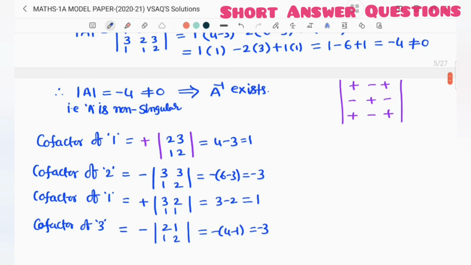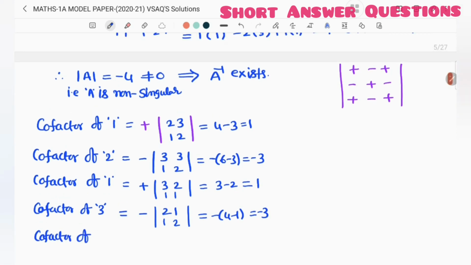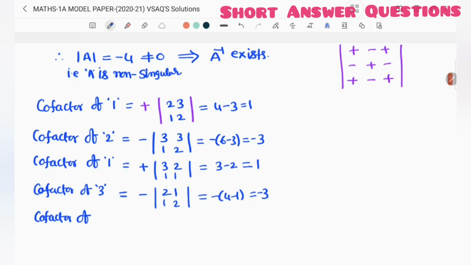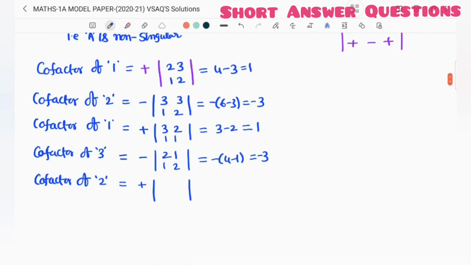Next, the cofactor of 2 means eliminating the second row and second column. So 1 1, 1 2, so 2 minus 1, which is equal to 1.